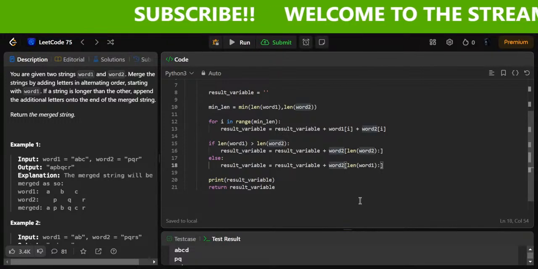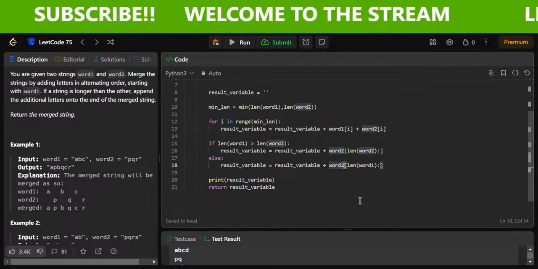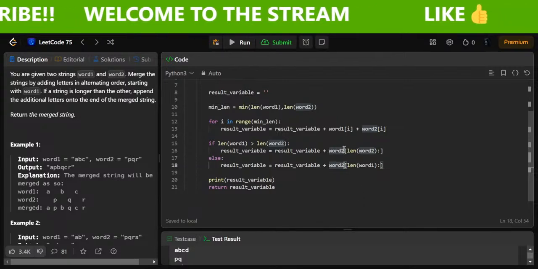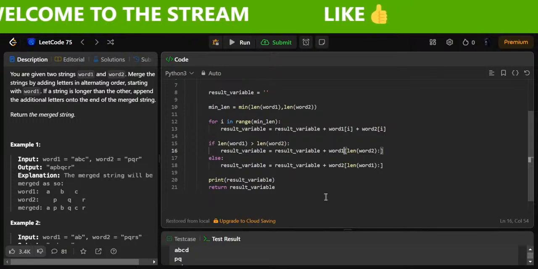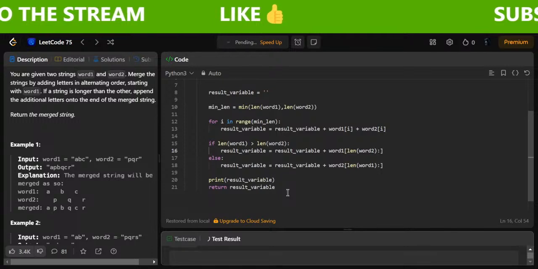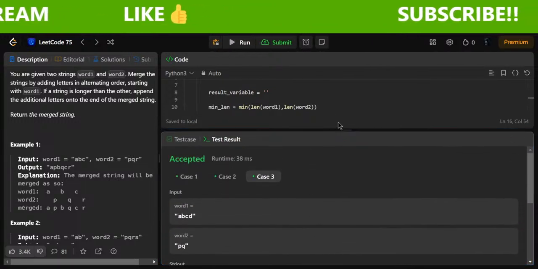Oh, okay. This should be len of word 1, I guess. Word 1 is greater. This is word 2 and word 1. I think it should work now. Let me run. Yeah, it worked.